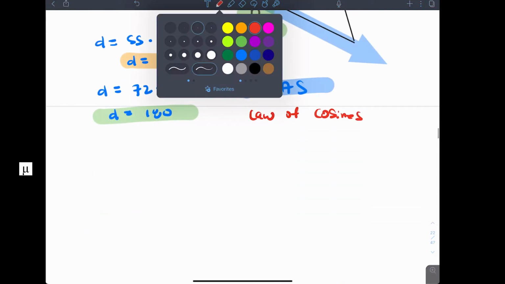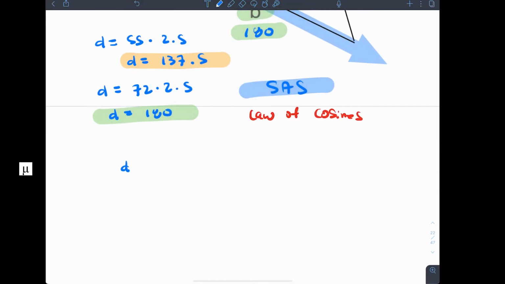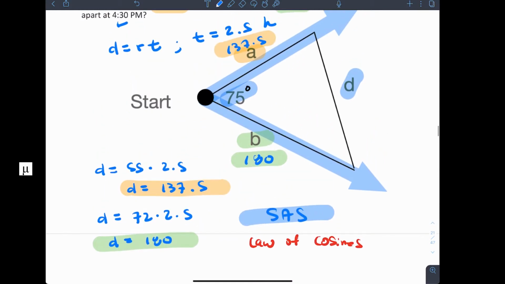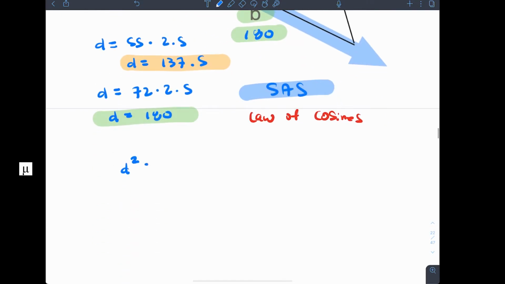Let's write this down. Remember what I told you guys? If you have an angle opposite an unknown variable, side angle side, law of cosines, this is what I remember. D squared will be, I don't even care which is A and B. I have no care.